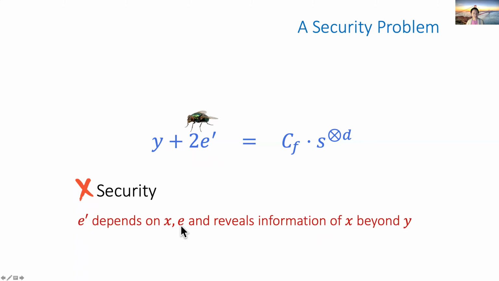And this we cannot afford because we want to hide all other information about X beyond the Y. So how can we fix this problem? We cannot attempt to get rid of the noise by modding 2 because mod 2 is too complex a computation to fit into H. The saving grace, as we mentioned before, is that this noise E prime is not too large. It is in fact polynomially bounded.